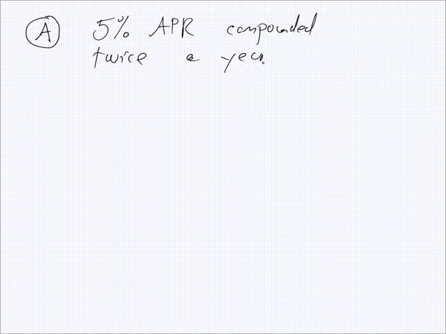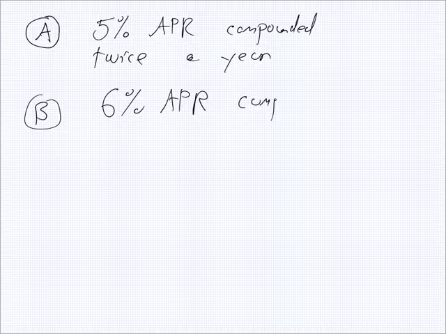So that means they pay you twice a year. And let's say Bank B, they're a little bit better. They'll give you 6% APR, but they'll only do that once a year.